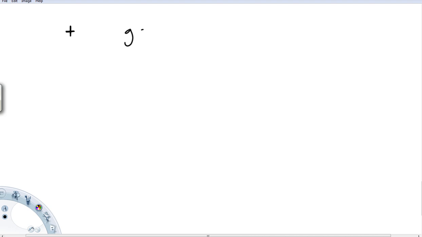If we have G, an element in a group, and if the operation is addition, the inverse of G will be written this way, minus G. That will be the inverse element.